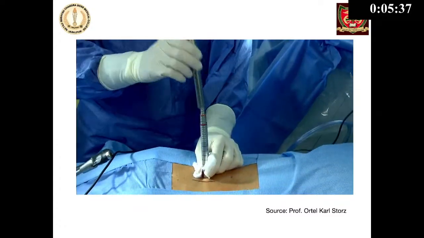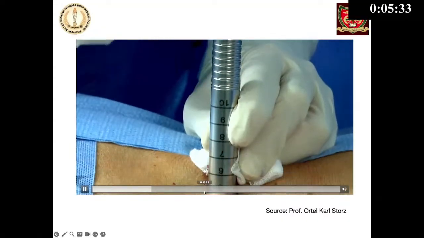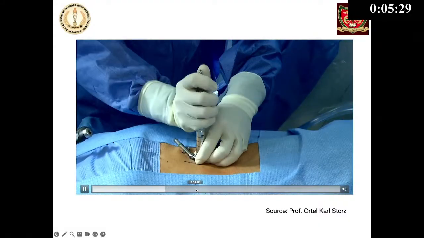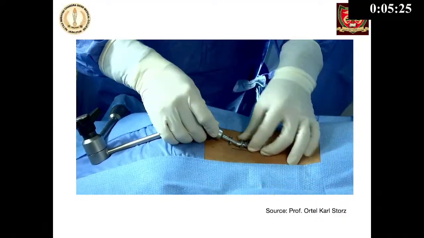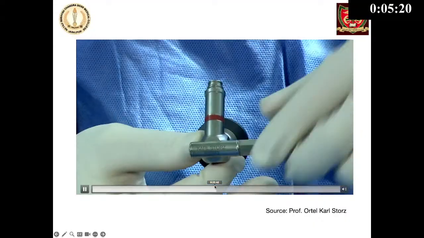Another video of external dilatation. First you confirm, and then about a 1.5 to 2 centimeter skin incision is given, and then gradual dilatation is done.